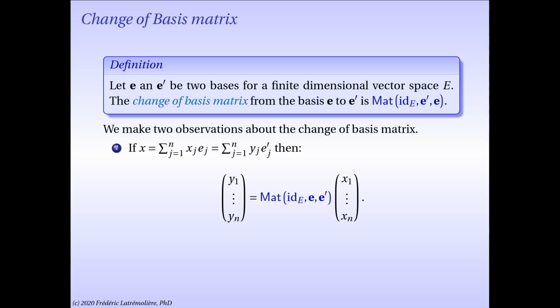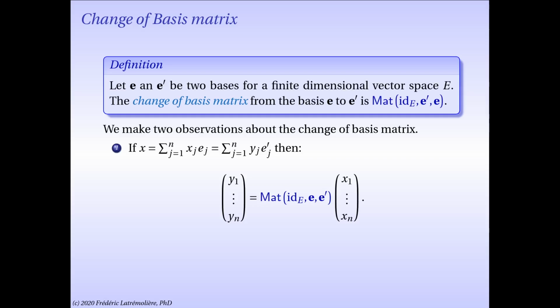Now, if we apply the identity to X, of course, we still get X as an output. But the matrix of the identity in the ordered bases bold E prime and bold E is by definition obtained by first taking the n-tuple x1 to xn, sending it to X, then applying the identity to X, which gives us X, and last sending X to its coordinates in bold E prime, which here we denoted as y1 etc. yn.